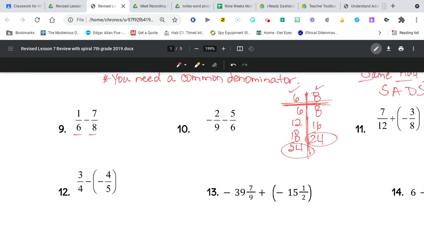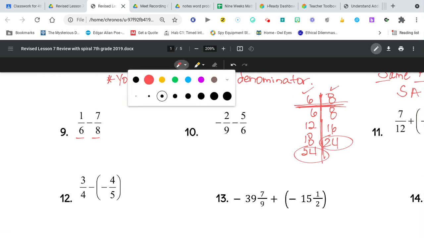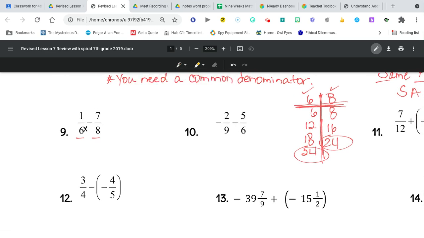So I'm going to have to change 1/6 to something over 24s and then 7/8 to something over 24s as well. So what I'm going to do is just multiply by what it takes to change a 6 to a 24. So 6 times 4 we know is 24. If I multiply my denominator, I must also multiply my numerator by the same amount.